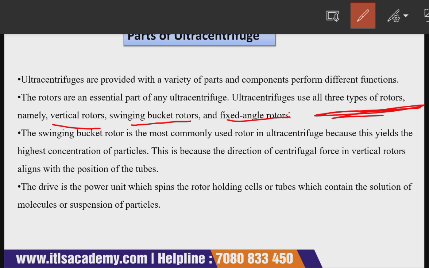This is because the direction of the centrifugal force in a vertical rotor aligns with the position of the tube. So that is the reason this type of rotor is very important, and it is widely used in the ultracentrifugation process. So which type of rotor? Swing bucket rotor.